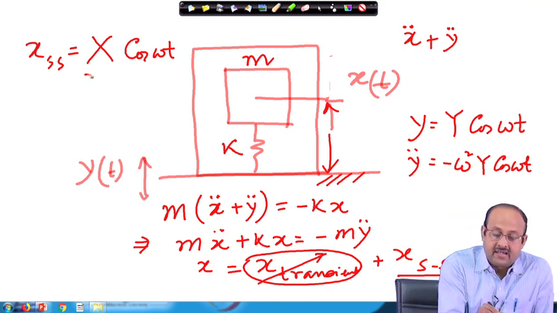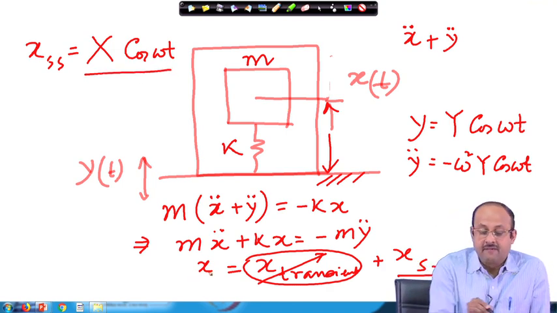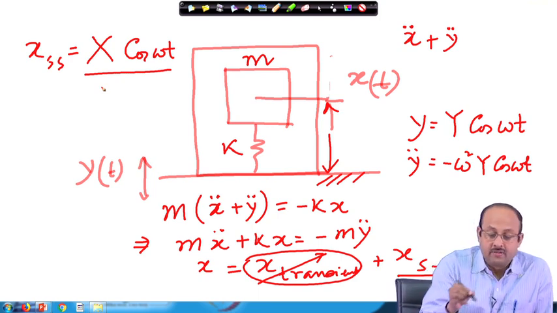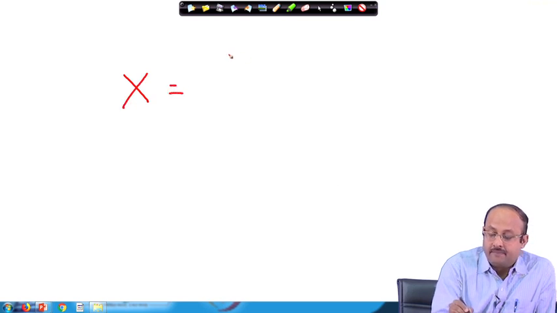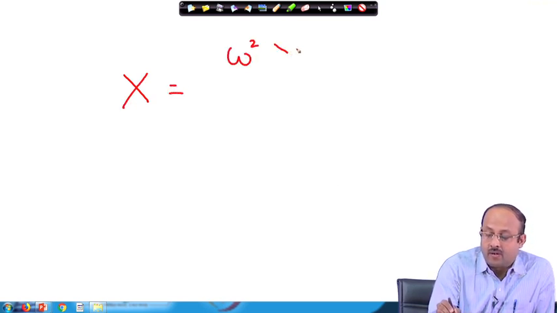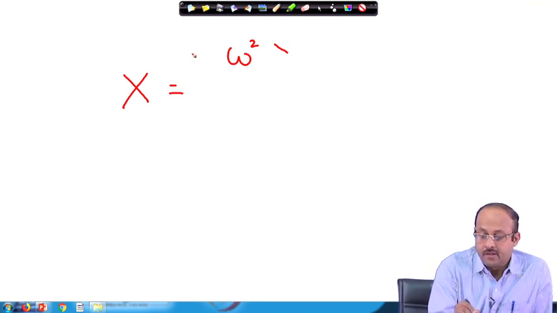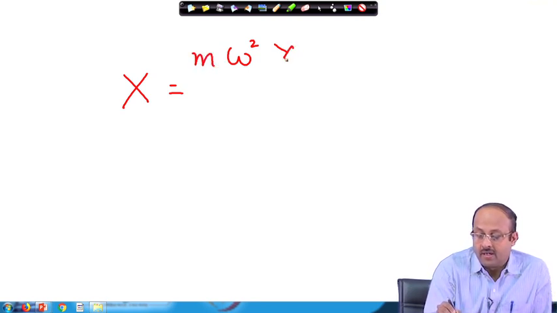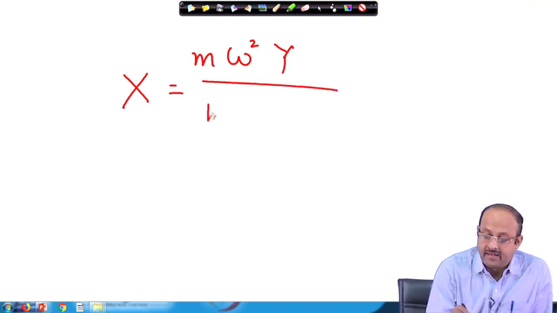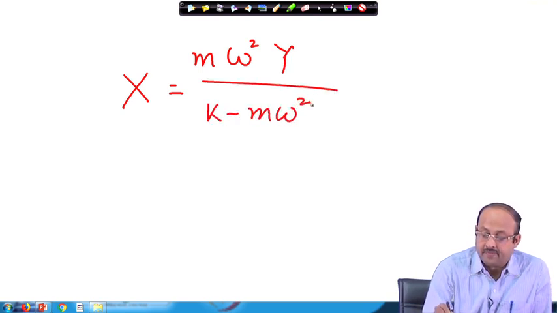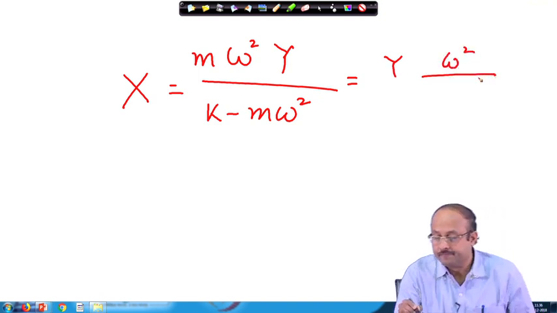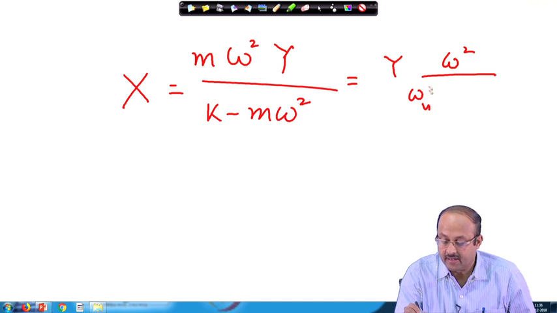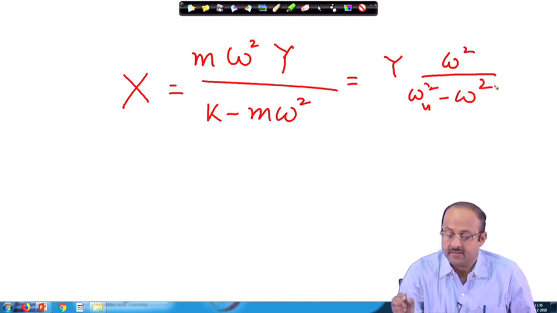Now, it is a very trivial exercise to substitute this into the equation of motion and find the value of X. This X will be equal to m omega square Y divided by k minus m omega square. After rewriting, it will be Y times omega square divided by omega n square minus omega square.